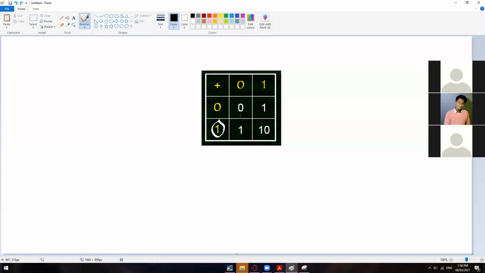Okay, so the question here is, how did we get this 10? Why, if we add 1 and 1, we'll get 10 instead of 2? That is because if you're going to add this one in binary, we don't have a value of 2.